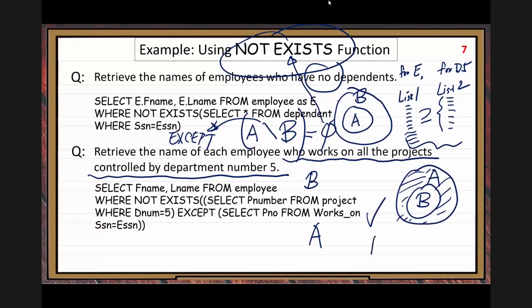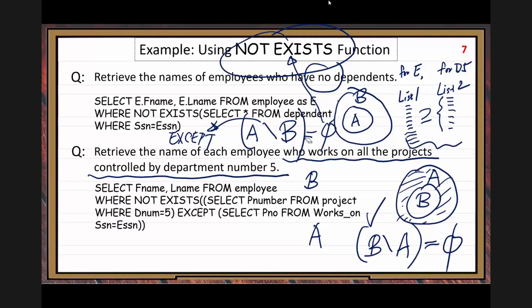B minus A, then this should be empty. Just switch B and A. In this way, you can see the difference between these two ways: which one is larger, which one is smaller, which one is outside, which one is inside.